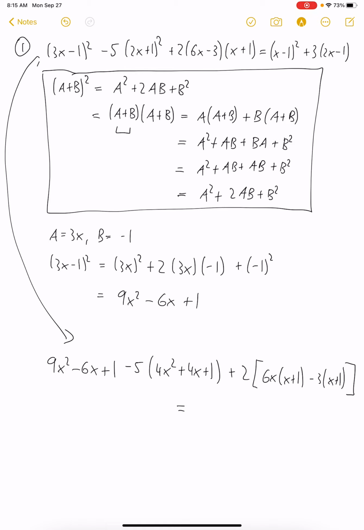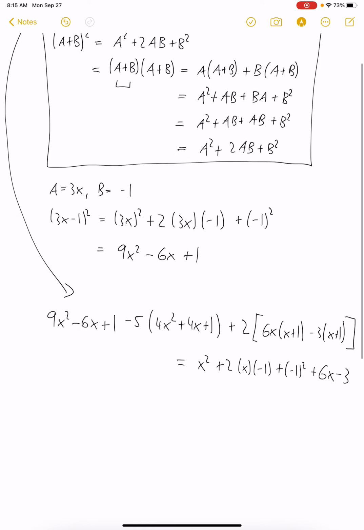And this is equal to (x − 1)², which is again a² + 2ab + b², so x² + 2·x·(−1) + (−1)², and then there's plus 6x − 3.